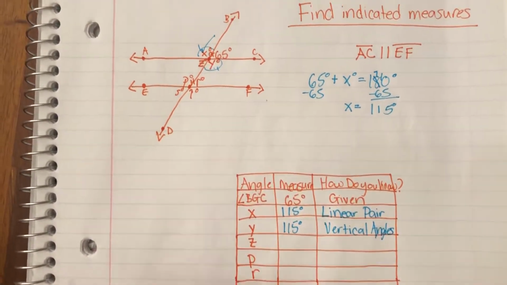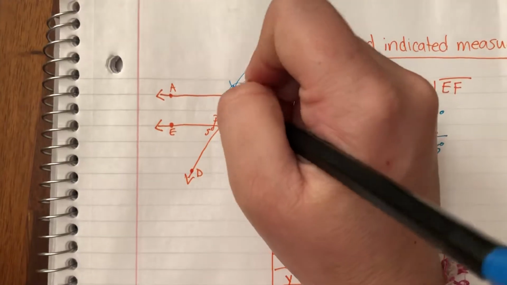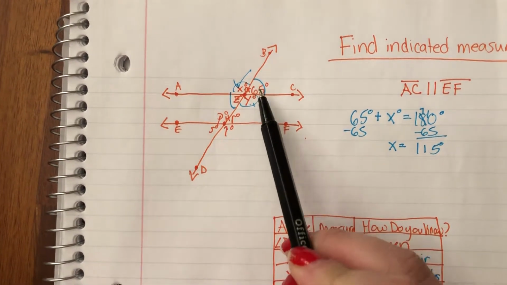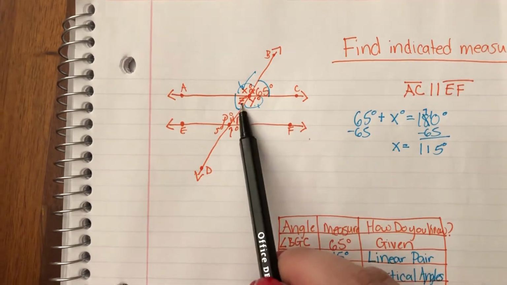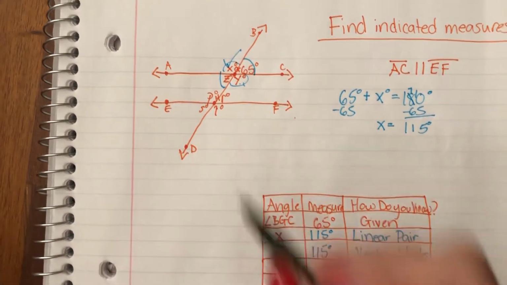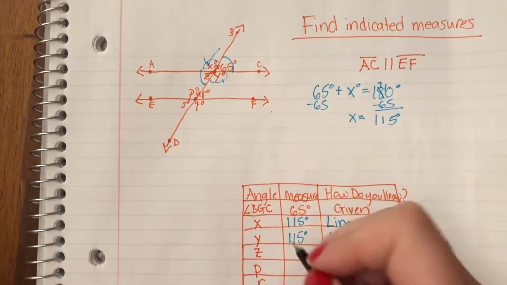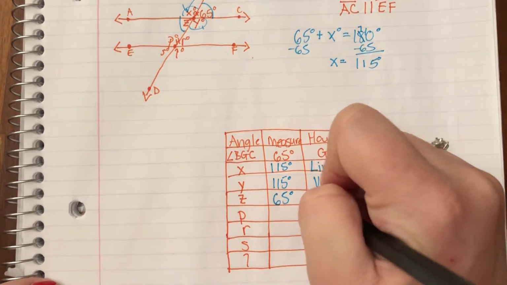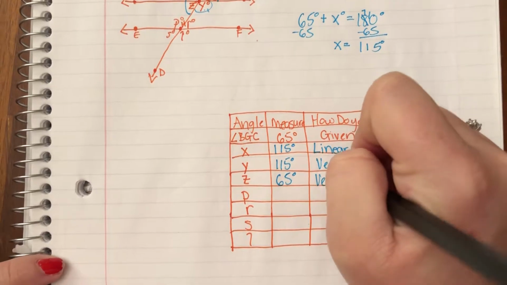Now Z. I'm going to go ahead and use the vertical angle again with 65 degrees. So 65 degrees and Z are the same. They're in the same spot. They're vertical angles. It's going to be Z is equal to 65 degrees because of vertical angles.